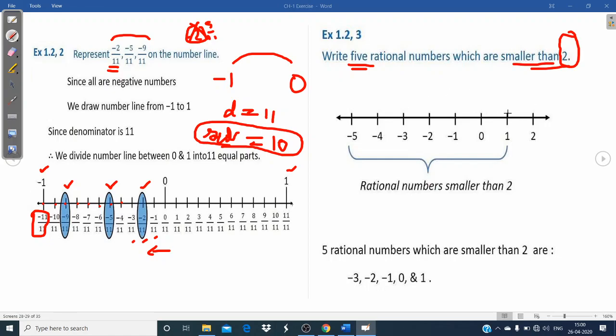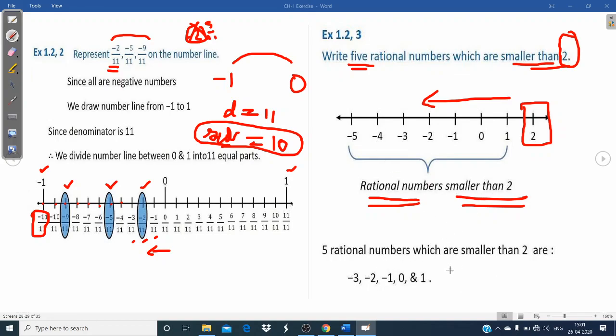If we go to the left-hand side on this number line, all the numbers at the left of +2 are smaller than +2. We have seen 1, 0, -1, -2, -3, -4, -5. All these numbers are rational numbers smaller than 2. Any 5 you can write.